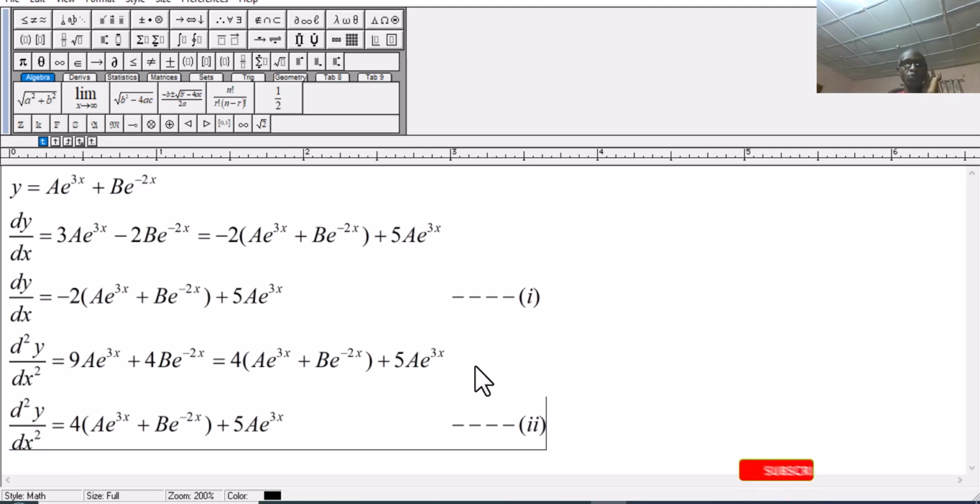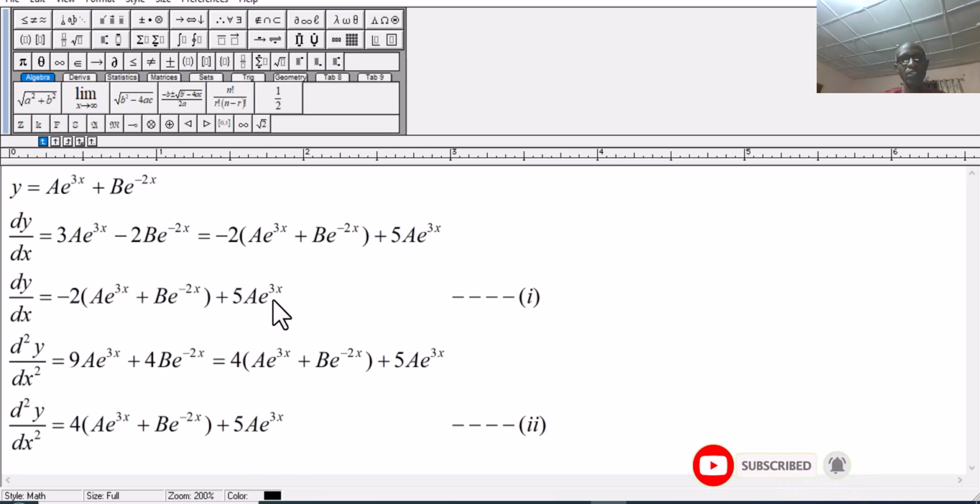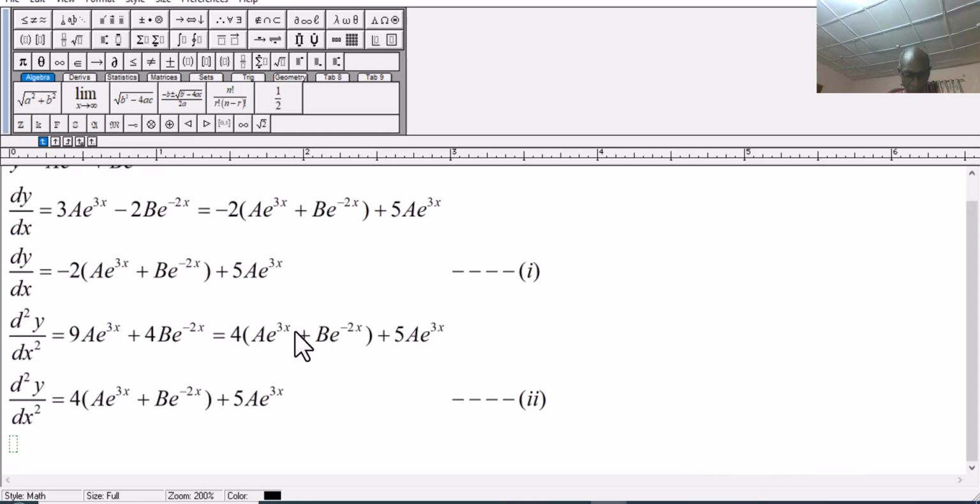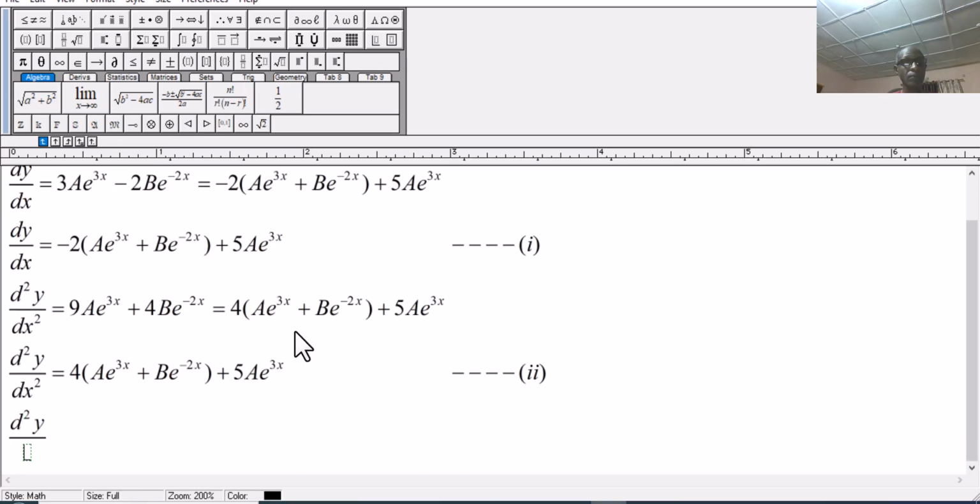So we have these two equations, and we have to eliminate this 5a e raised to the power of 3x. The best way we can eliminate it is to take d2y/dx squared minus dy/dx. That means we are subtracting equation 1 from equation 2.